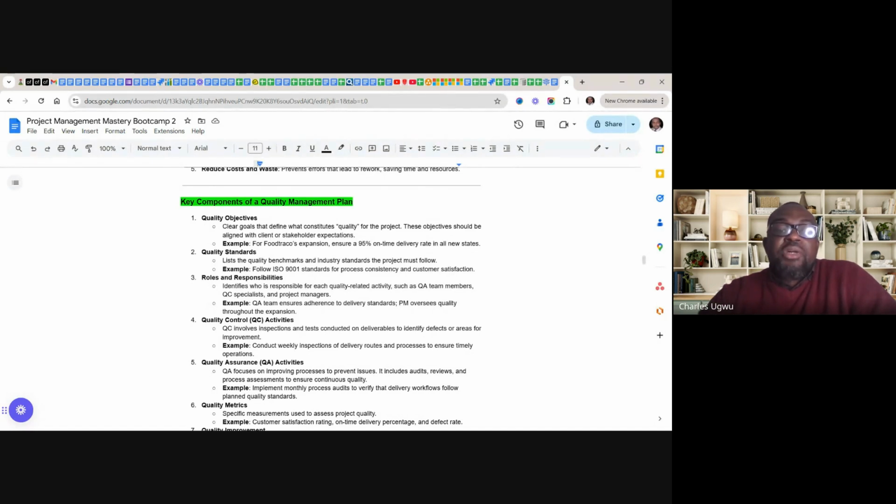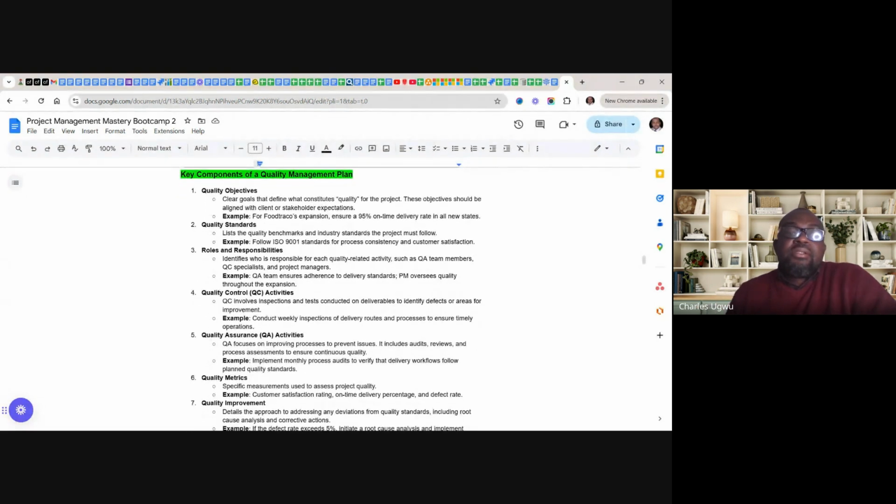Roles and responsibilities. Identify who is responsible for each quality-related activities, such as a QA team member or QC specialist and project managers. Good. That's why you will be seeing a lot of companies who have a QA, quality assurance manager, quality control specialist.